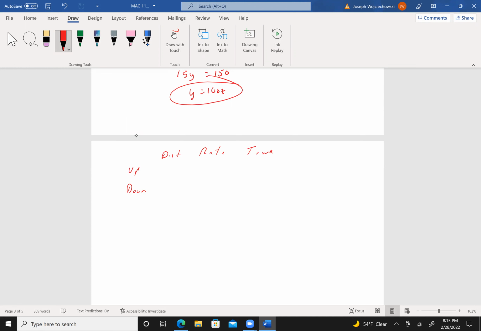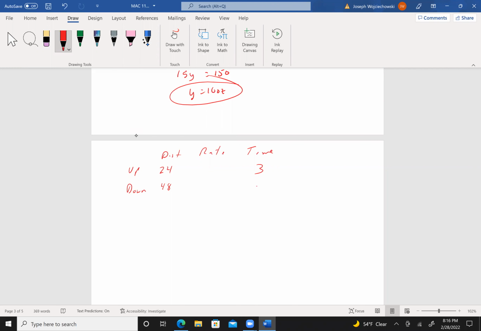So a boat takes 3 hours to go 24 miles upstream. So 3 hours, 24 miles. It can go downstream with the current, the distance of 48 miles in the same amount of time.